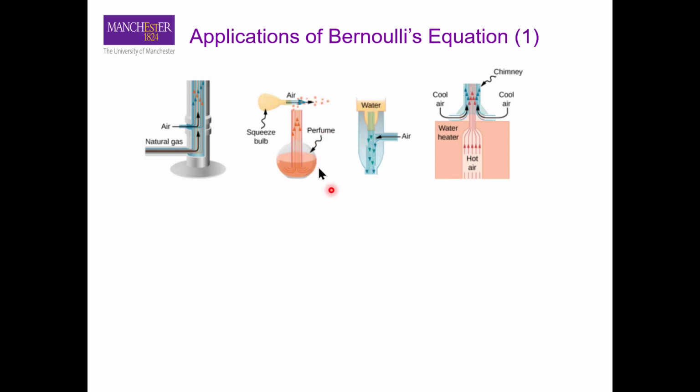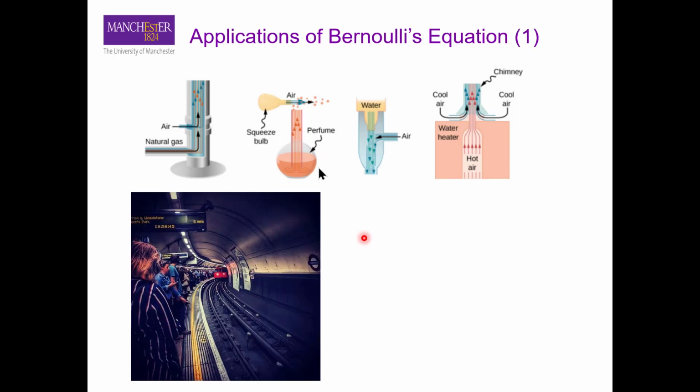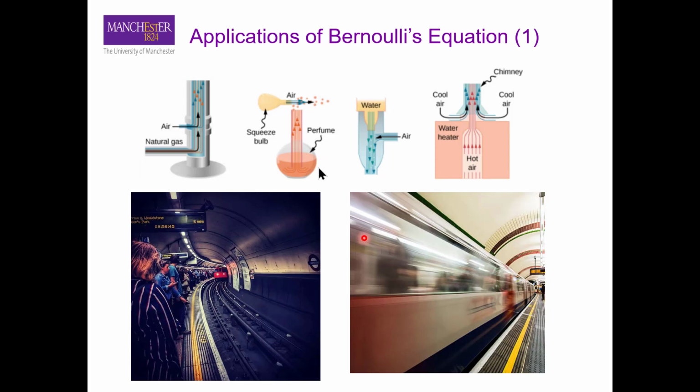Okay, so this example is what we call entrainment, and a similar concept applies to, for example, this London tube. The train is traveling in this tube that is enclosed, and that fast moving train is pushing the air in the tube, and that creates a kind of suction at the back and on the side of the train.